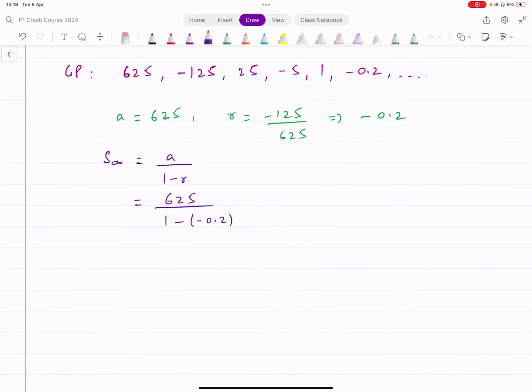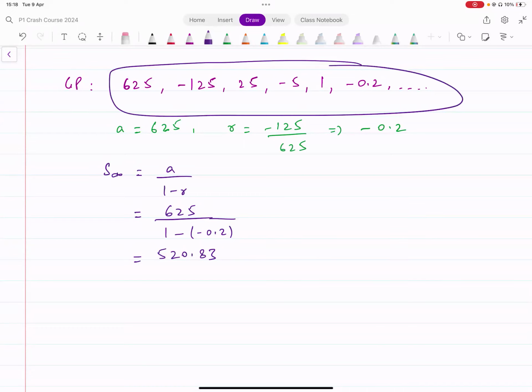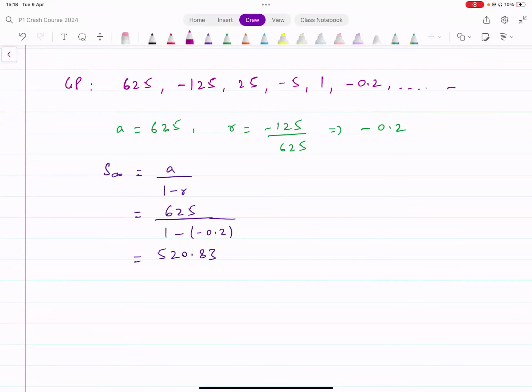What do you get from this? 625 divided by 1.2, which is 520.83. That is the sum to infinity of this sequence. So if this sequence was to continue forever like this, the sum of all the values in that sequence is going to be 520.83.